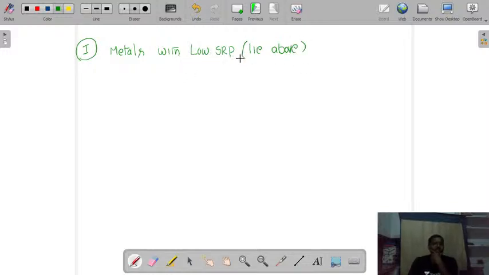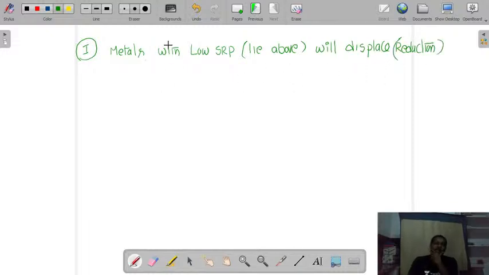Metals with a low SRP will displace. In case of metals, displacement means reduction. They will reduce.